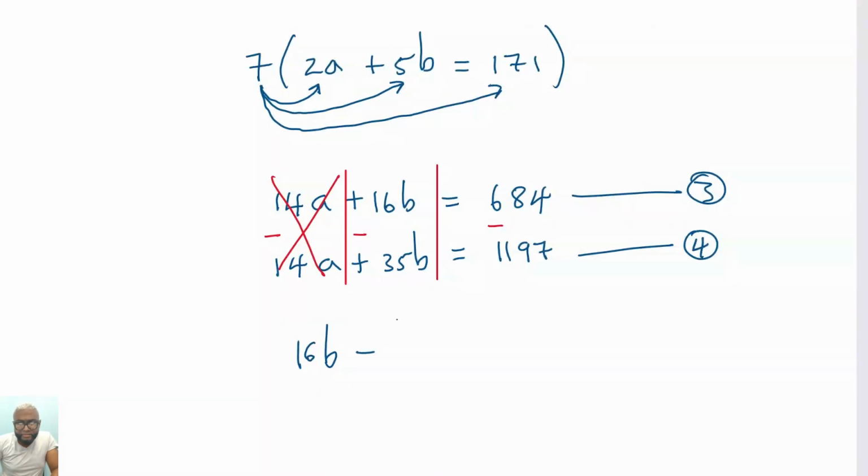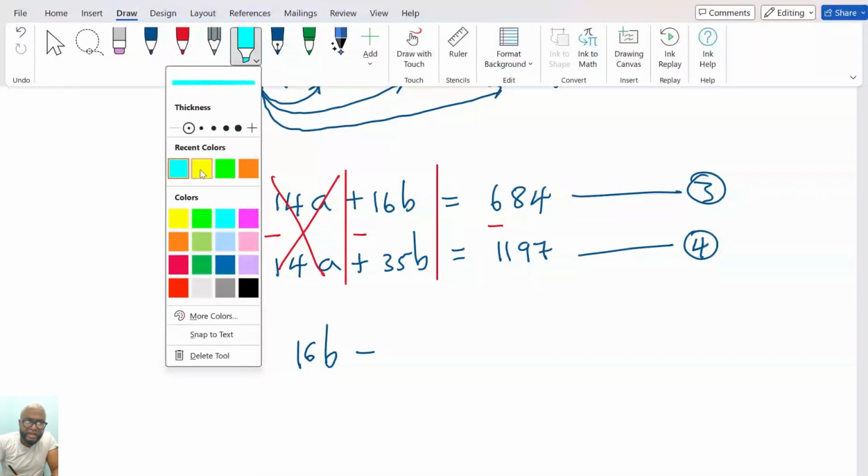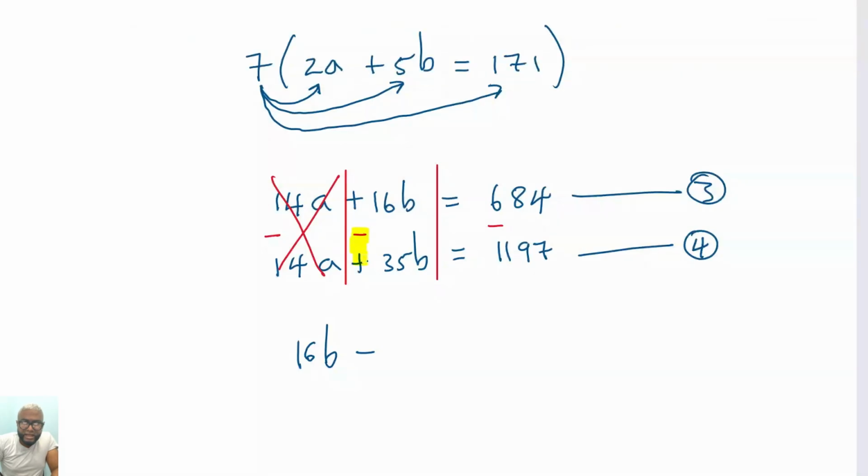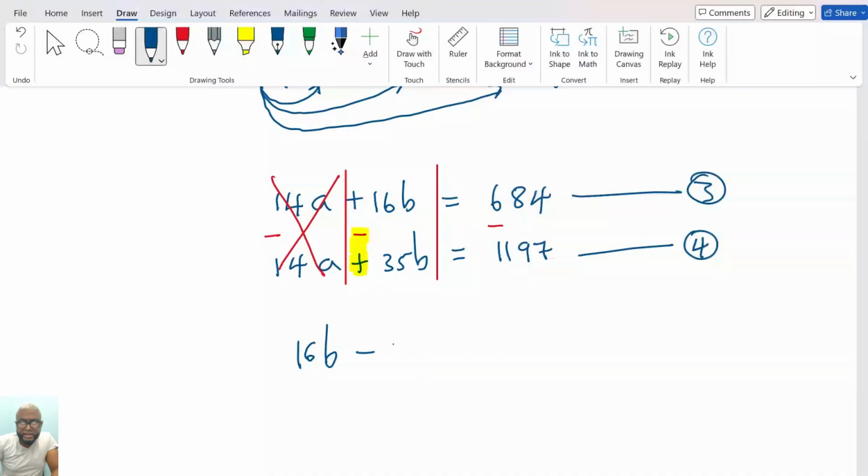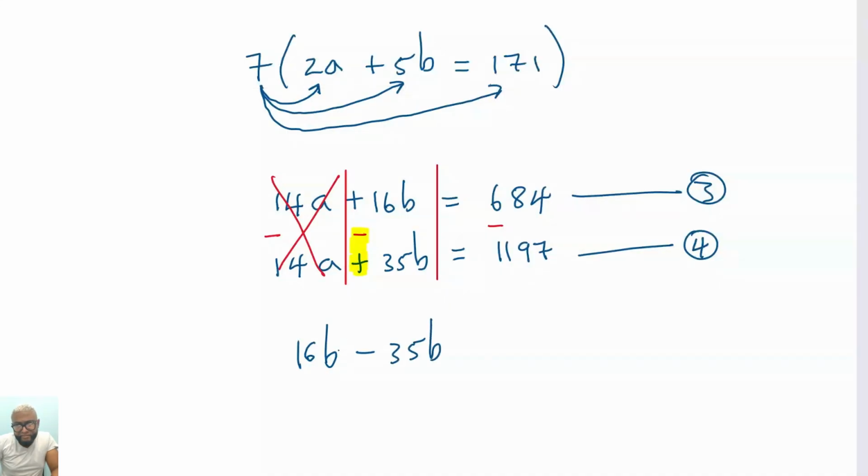A minus and a plus would give us a minus. So I just put in minus there, and then 35B. And this will be equal to 684 minus 1197.